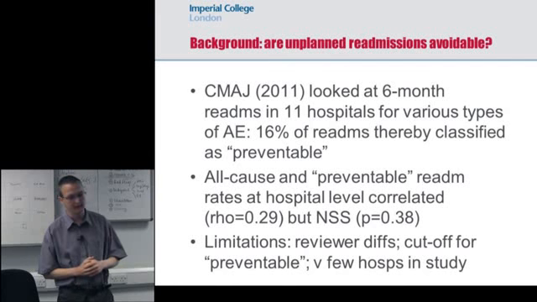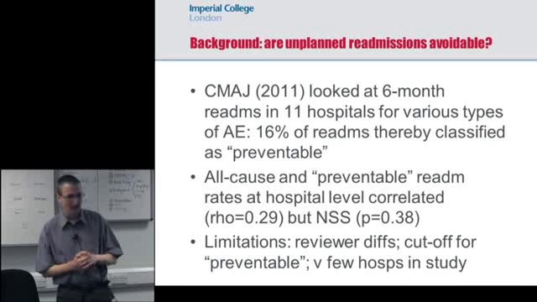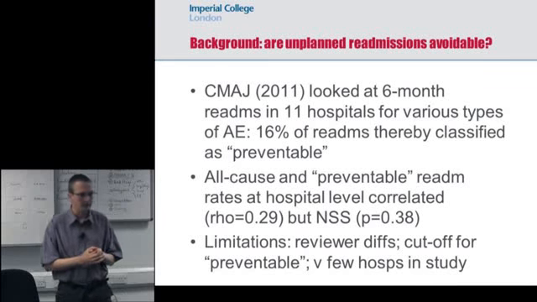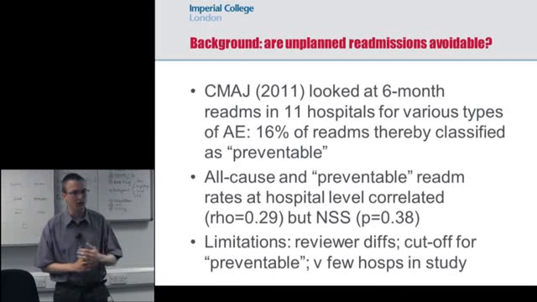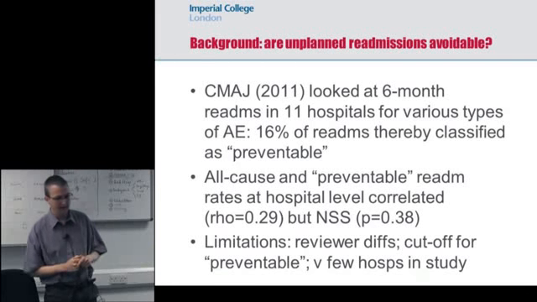And this study by Van Walraven et al. has reckoned that 16% of readmissions were classified as preventable. And they tried to correlate the proportion of readmissions that were deemed preventable with the overall readmission rate among these 11 hospitals. And the correlation was modest, but not statistically significant.